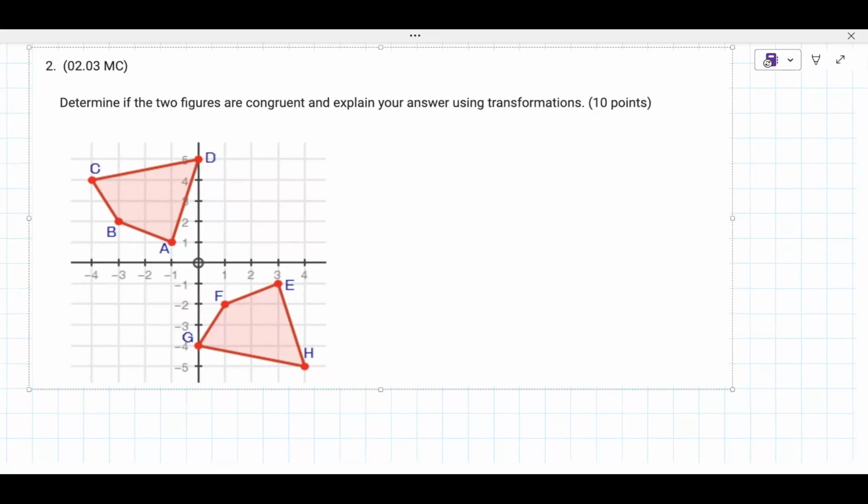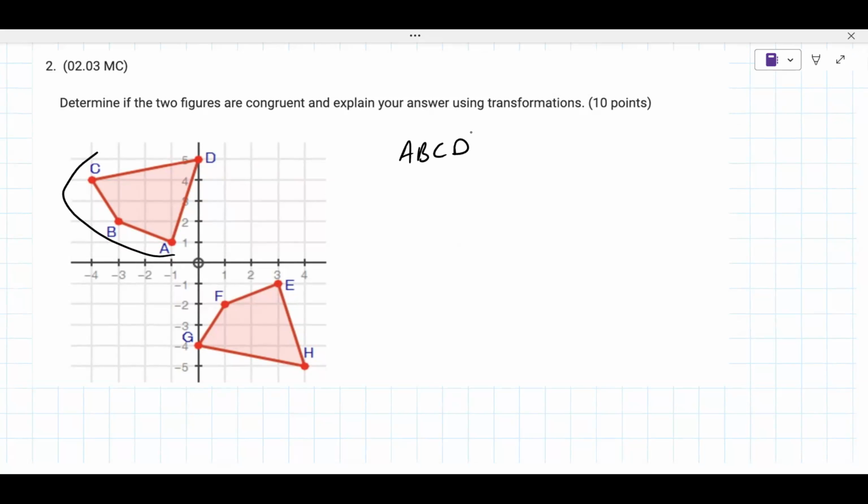You've got to pick a starting point, so we'll just start with A, B, C, D. In terms of a path, you start somewhere and go a certain way. Your path here is G, F, E to H like that.